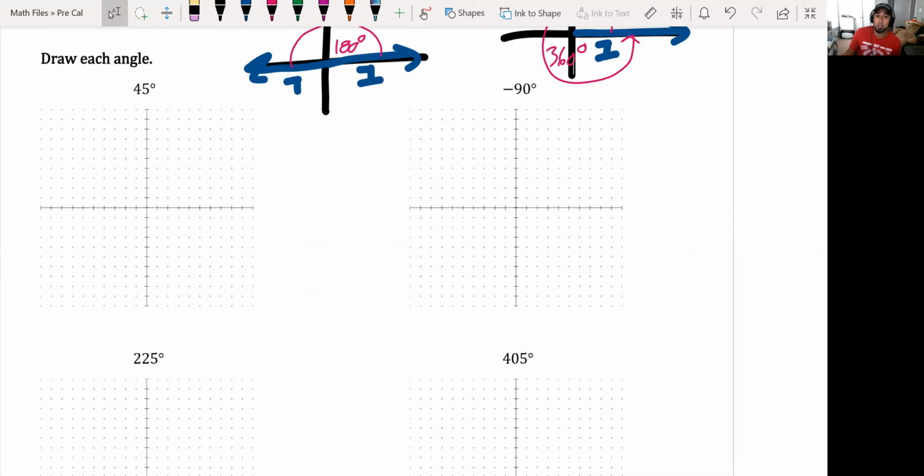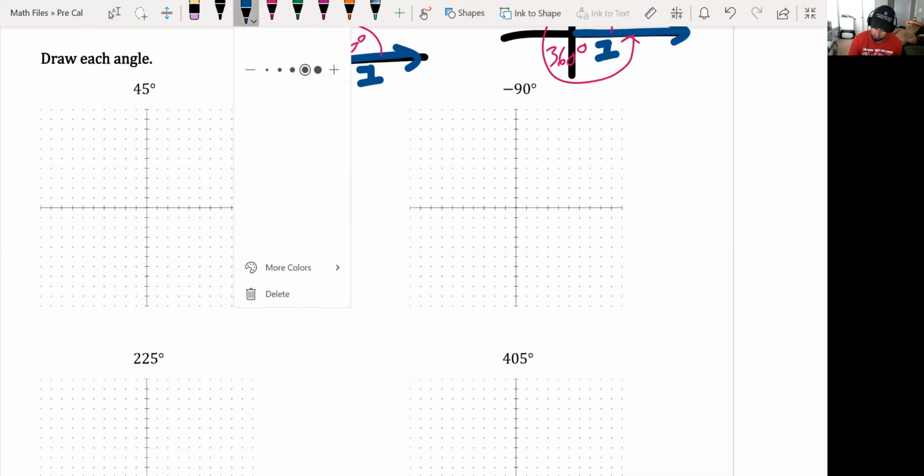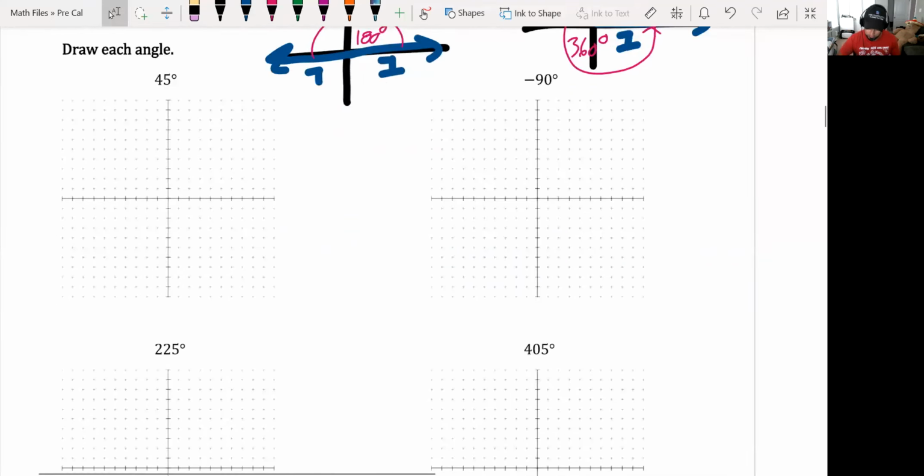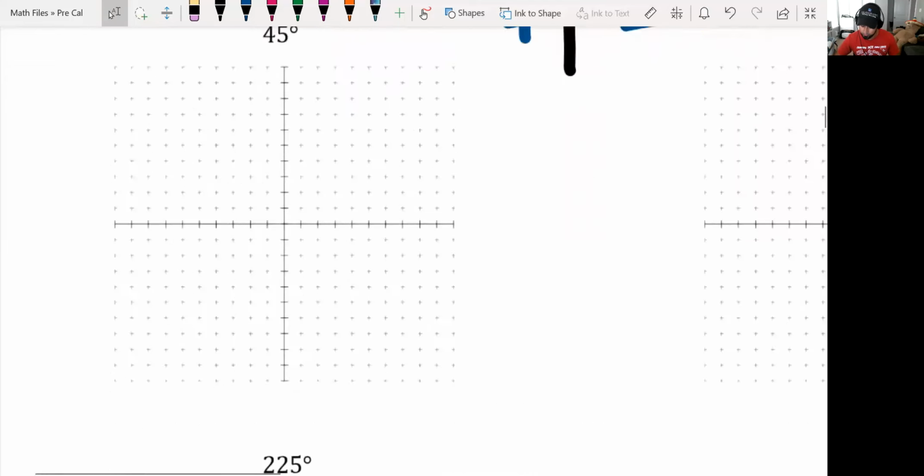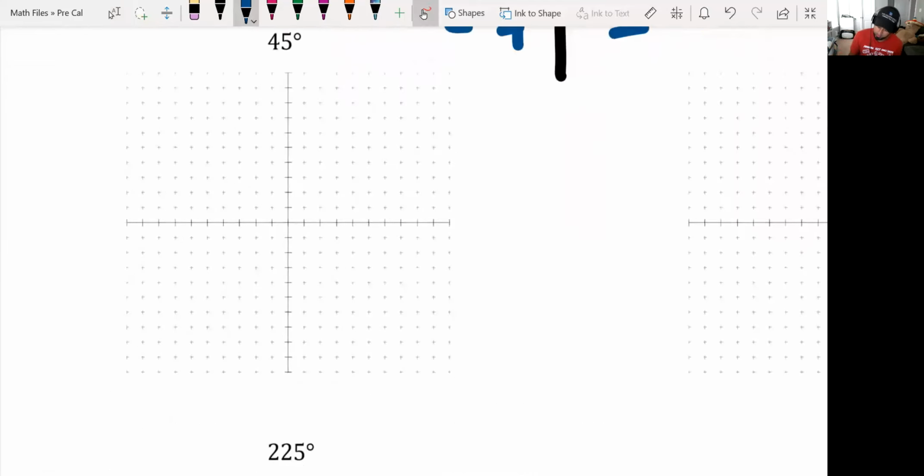All right. So we want to draw 45 degrees. When we draw 45 degrees, we first want to list the quadrants that we're in. Zoom in a bit. Okay, so this will be 0 degrees.